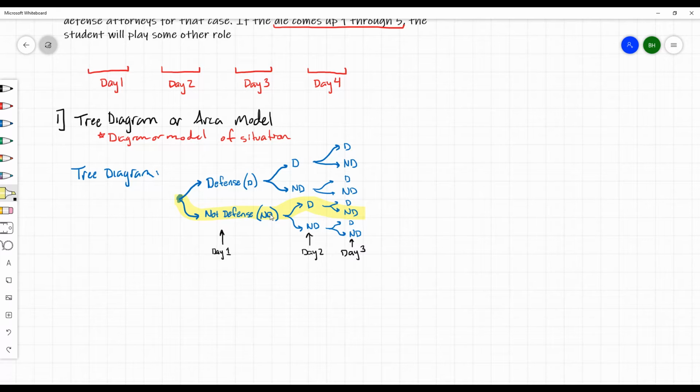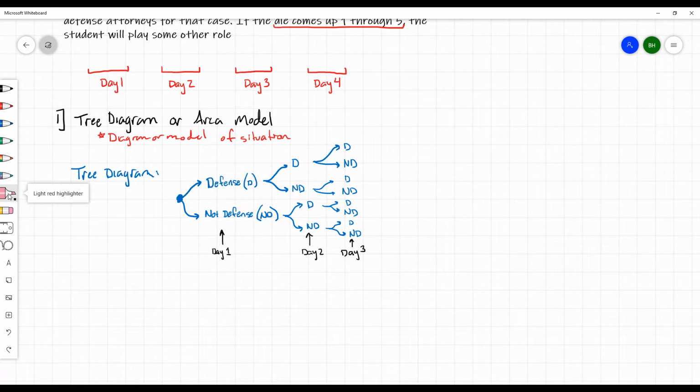She can follow this route of the tree to be the defense for certain days, but not for others. Similarly, she can become a defense for the first day, but then never be the defense again, so she would follow a different branch of the tree.